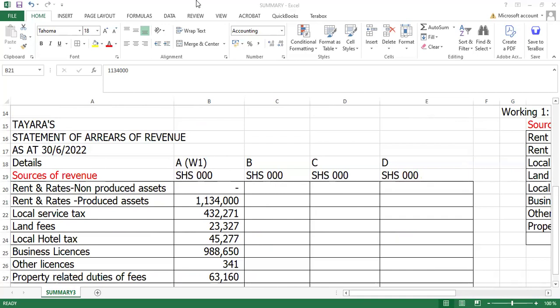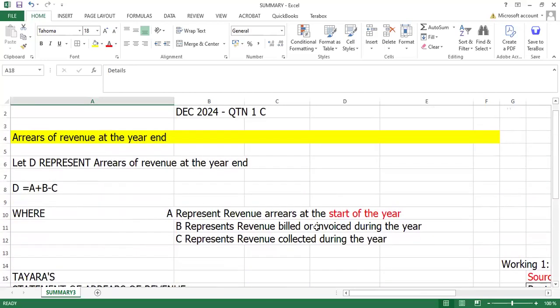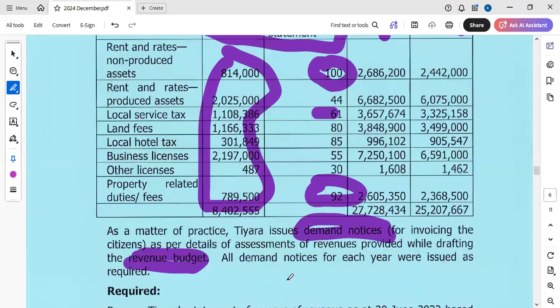Okay. So B, are we given B? Remember B is the revenue billed or invoiced. Remember, whatever you are budgeting in the current year, you really invoice. That's why they are telling you that as we do the revenue budget, we also issue the demand notices for the invoicing citizens. And they are telling you that all the demand notices for each year were issued as required.